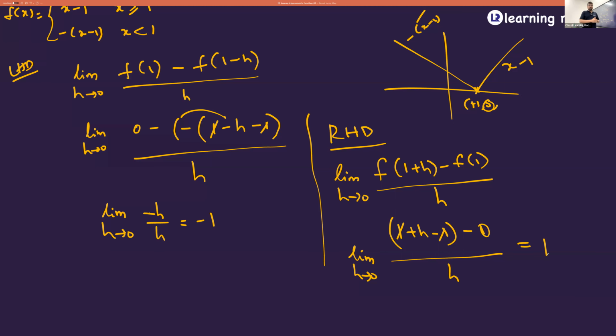Look at the next problem. Look at the next one, 10th one. So what are they asking? Prove that greatest integer function is not differentiable at x equal to 1 and 2. See, look at the domain of that function.